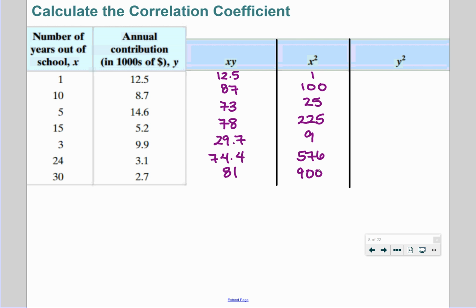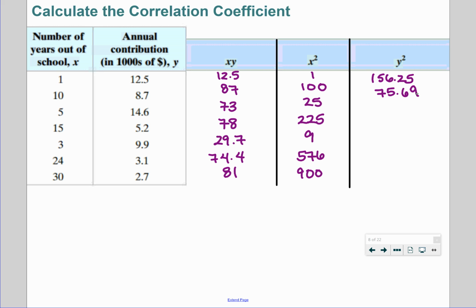All of my y's squared, probably want a calculator for this one. 12.5 squared, 156.25. 8.7, 75.69. 4.6 squared. Oops, wrong button.